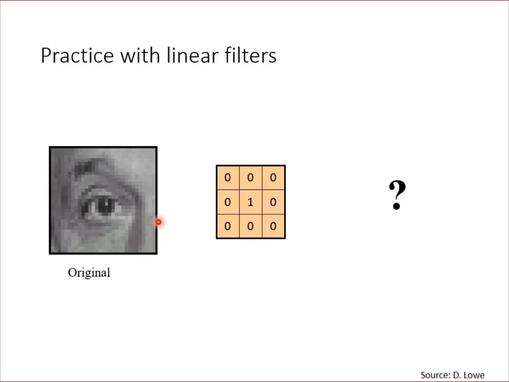Any suggestion? Okay, let me explain. Given an input image, if I use a filter with its coefficients as 0, 0, 0, 0, 1, 0, 0, 0, 0, then what will be my filtered output?